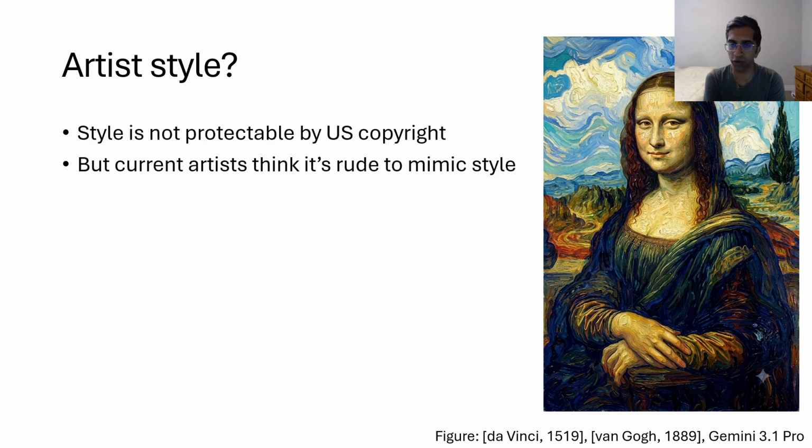Nonetheless, social norms generally dictate that it's impolite or improper to use AI to mimic another artist's style. So if you found that your model is capable of doing such things and you want to prevent this behavior, then you could unlearn the data points which were generated by a specific artist so that it would prevent this type of functionality.